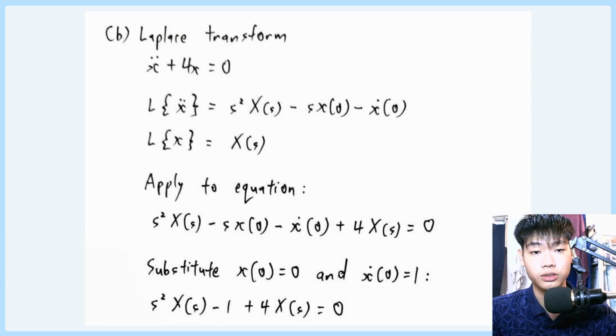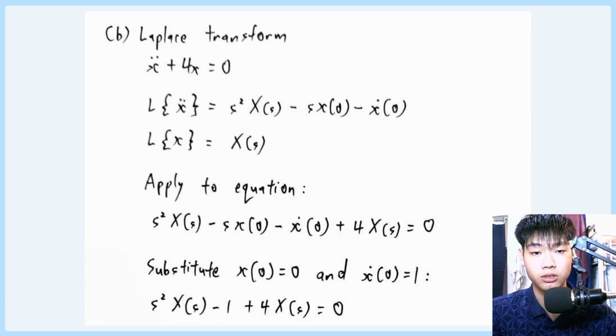First, we will use the Laplace transform on x double dot, and we will get s squared X(s) minus s x(0) minus x single dot (0). And by using Laplace transform on x, we will get X(s).